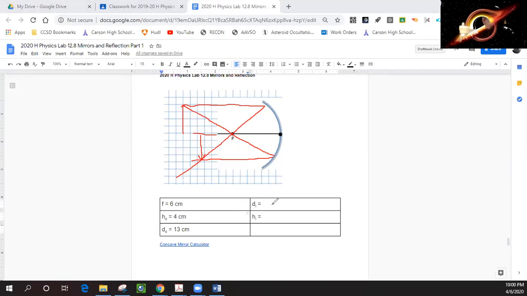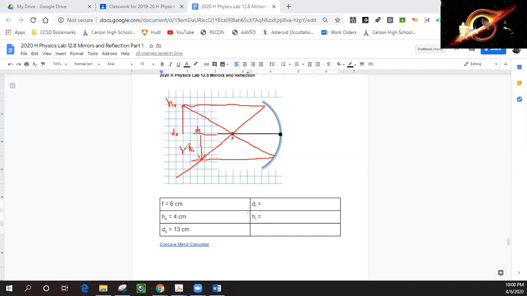that's where the mirror equation comes in. And notice here, it asks us to find DI. This here is HO, right? This is DO, the distance of the object. This here is DI, the distance of the image, which we don't know. And this here is HI, the height of the image.